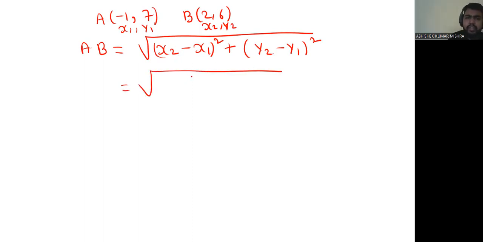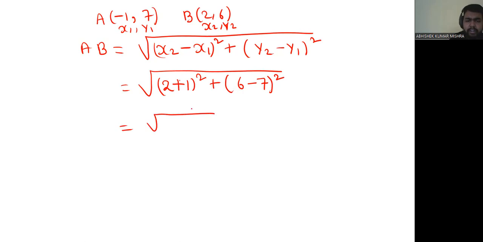What is your x2? x2 is 2. Minus is there in the formula itself, and there is -1 again. So 2 minus -1 will ultimately make +1 there. So 2 plus 1 whole square plus y2. What is your y2? y2 is 6 and your y1 is 7. So you are going to write 6 minus 7 whole square.